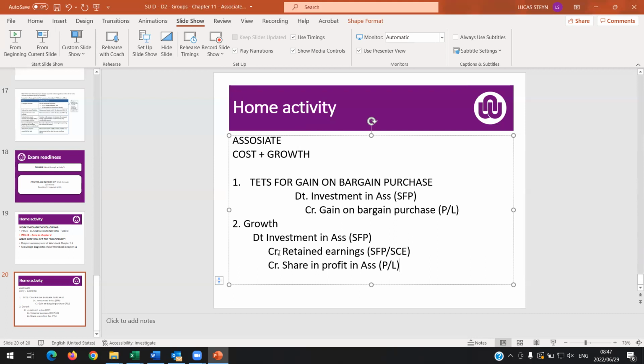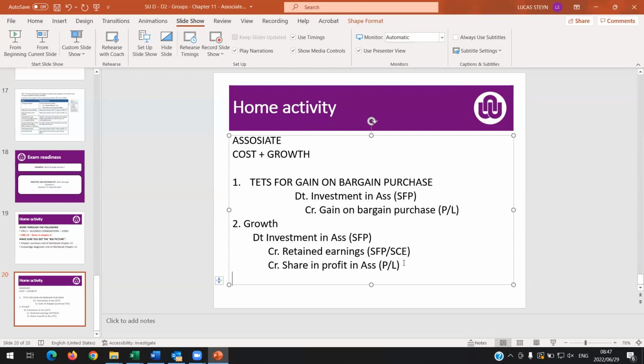In the statement of changes in equity, we'll have retained earnings, the part that we're entitled to, which I've shown you now. Then in the statement of financial position, we only have our investment in our associate. And then in the statement of profit and loss, we only have one line item, share in profit in associate. And please make sure that you mention that the share in profit in associate is an after-tax amount already. So that is what we need to account for.